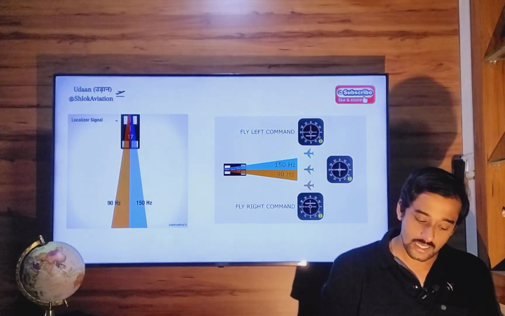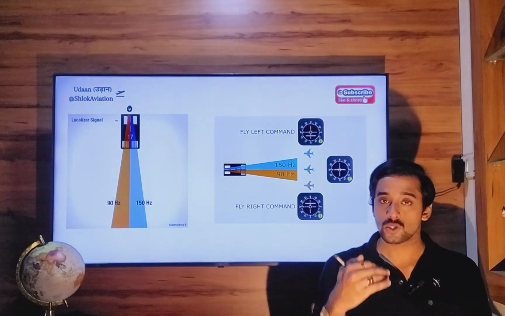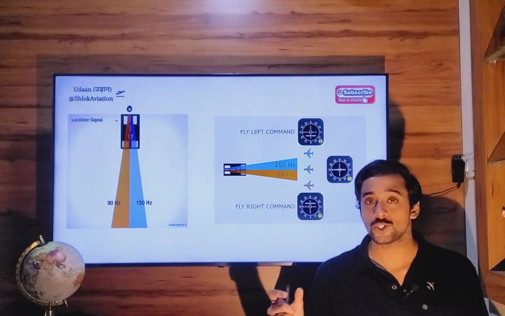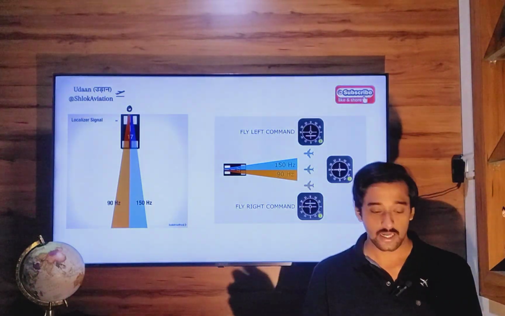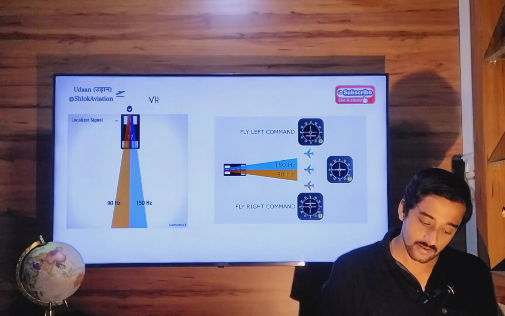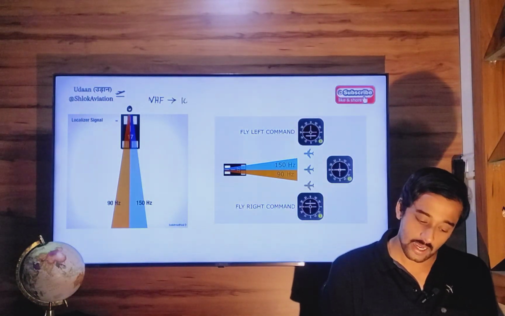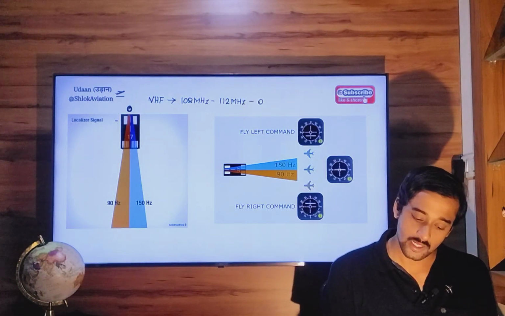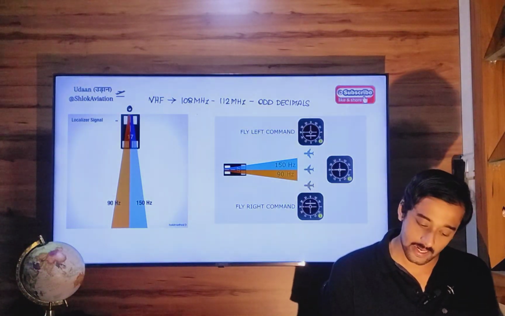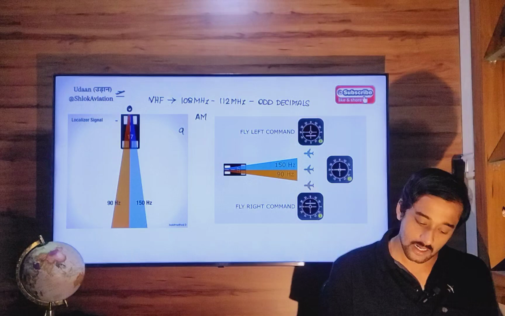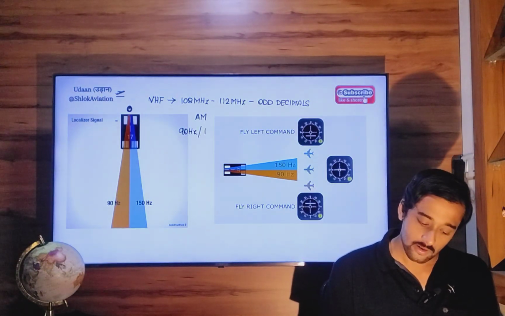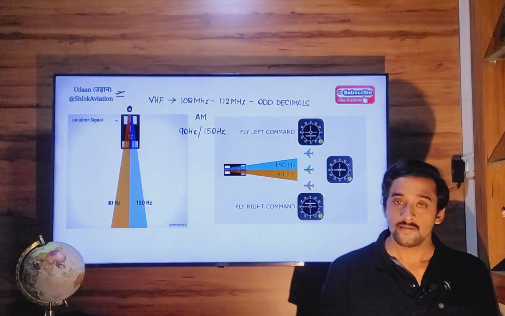So, your localizer transmitter, which is located on the opposite end of the runway, on the non-approach end of the runway, will transmit in the VHF band between 108 MHz to 112 MHz odd decimal frequencies. Okay, so these main frequencies are further amplitude modulated: 90 Hz signal and 150 Hz signal.